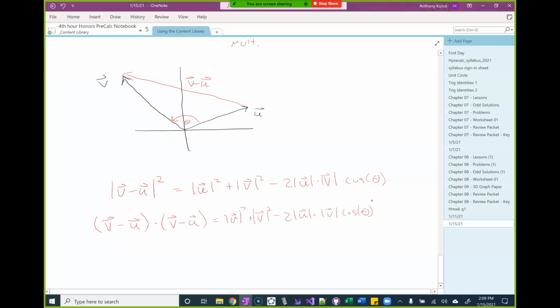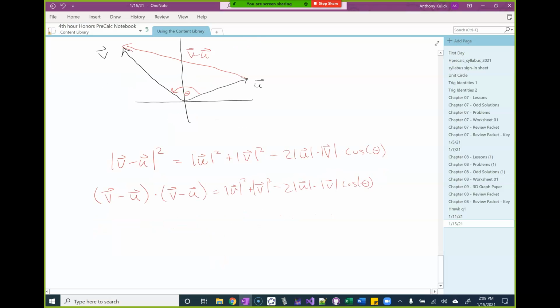So then I'm going to use the distributive property for dot products to basically FOIL out the left-hand side. Gives me v dot v minus 2 u dot v plus u dot u, and then equals all that other stuff over there.